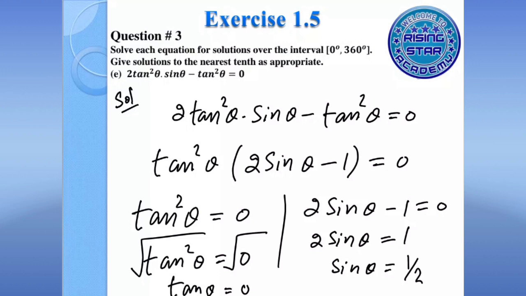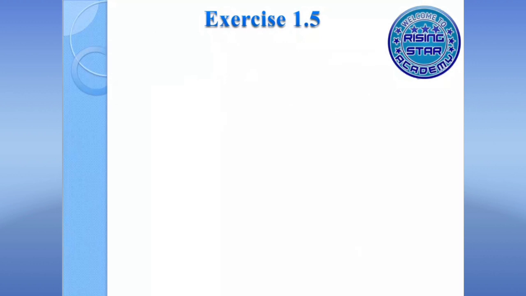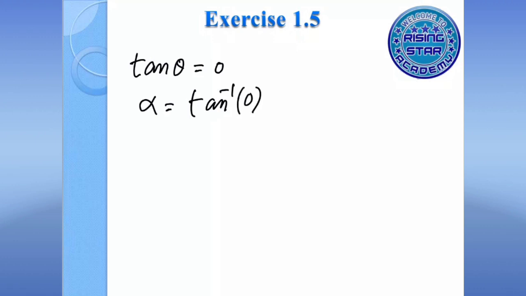First of all, I will simplify tan theta is equal to 0. Now I will find the basic angle. So tan inverse of 0, the answer would become 0 in that case.